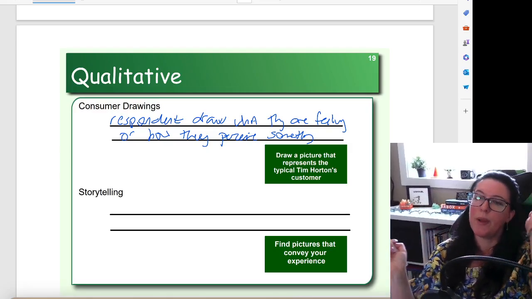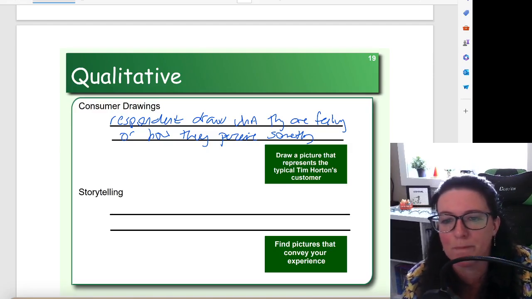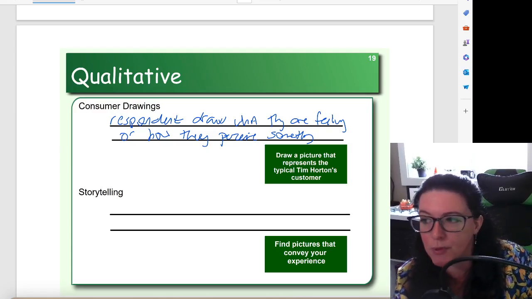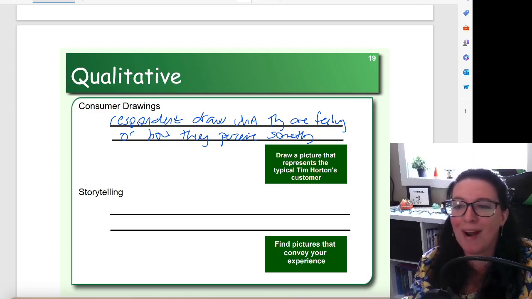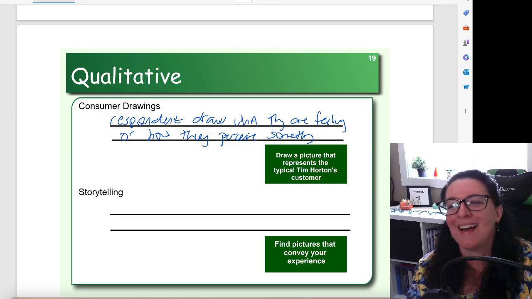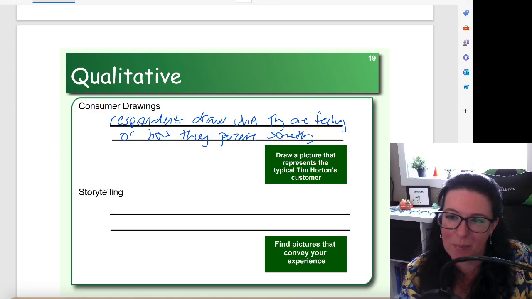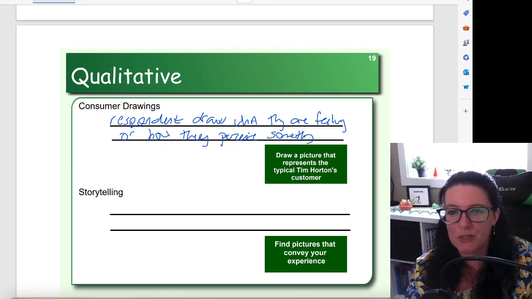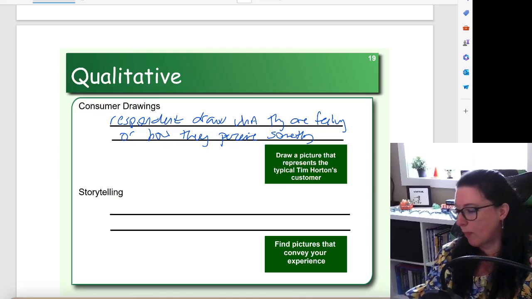So, for example, we could have you draw a picture of the typical Tim Hortons customer, okay? And look at, okay, what is the perception of the company? Well, the perception of the company is that people go to Tim Hortons on their way to hockey practice. And so we expect, are we getting pictures of Tim Hortons customers that are a bunch of kids at an event? So how are people perceiving a particular company or brand?